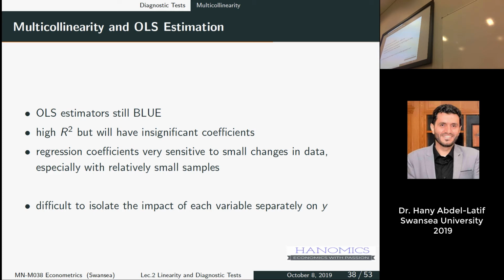So even if you expect a statistically significant relationship between 2 variables, or theory tells you that there should be one, the price should affect the quantity demanded, the income should affect consumption, or education should affect how much wage you receive. This is all what we learn from economic theory.